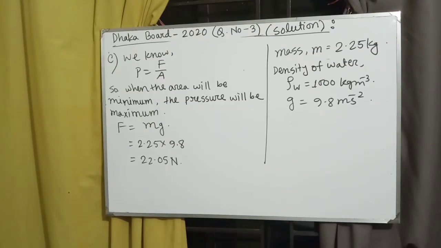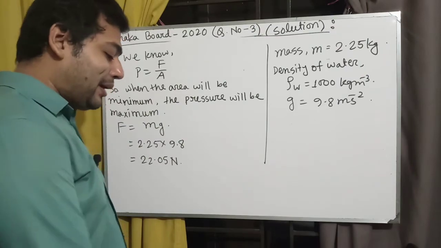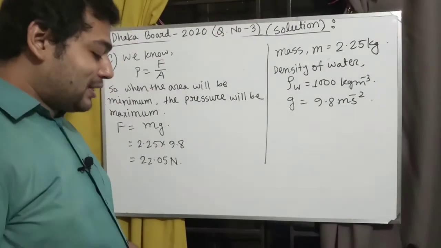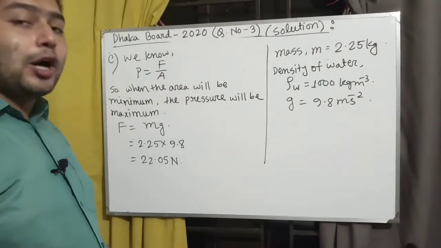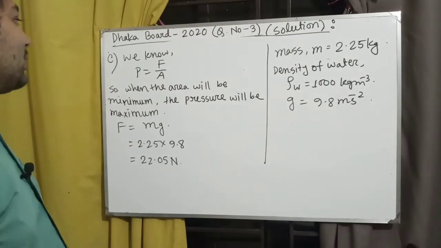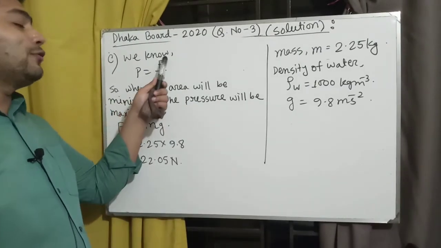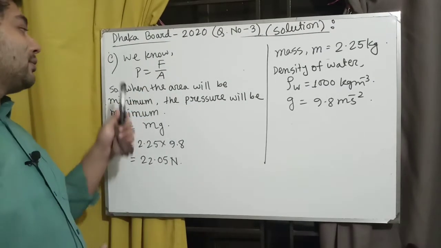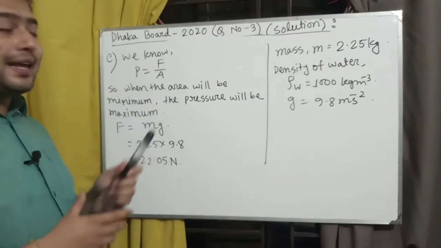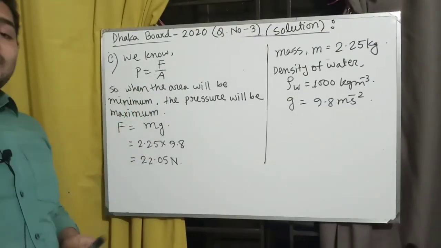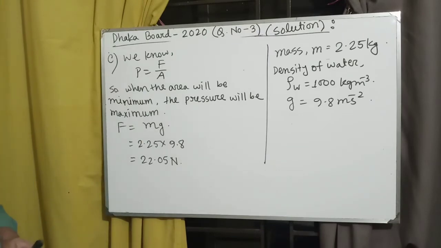Here, question number C is determine how much the maximum pressure acts on the surface of the brick. Okay, so here we know that the pressure P equal to force by area, or P equal to F by A. So here F stands for force and A stands for area.